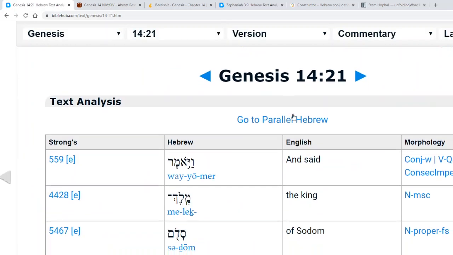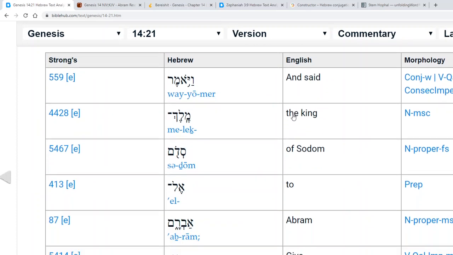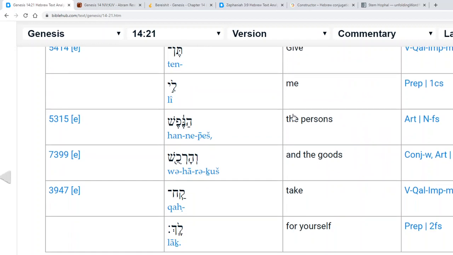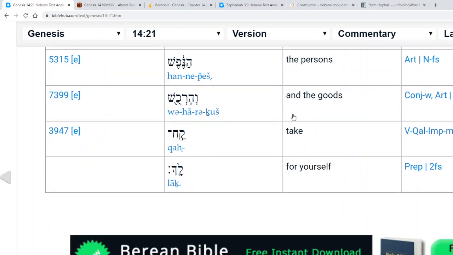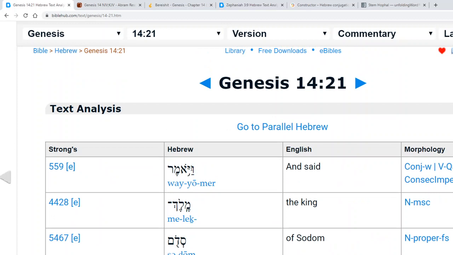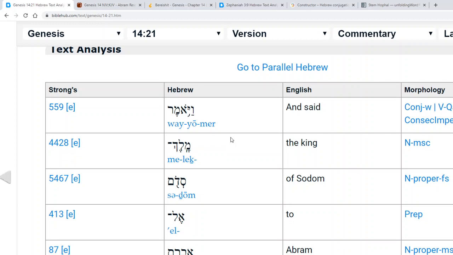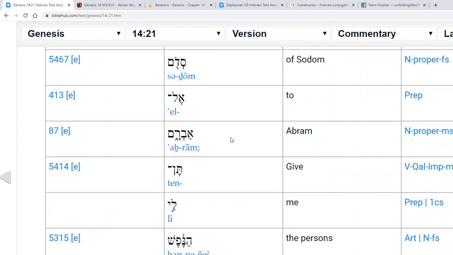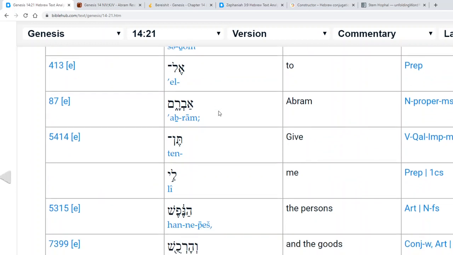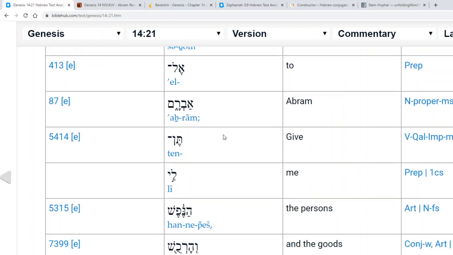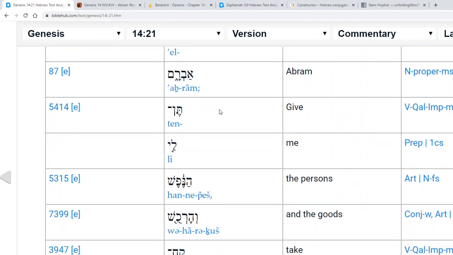Okay. Vayomer melech Sdom el Avram ten li hanefesh vaharechush kach lach. Okay. So conjunctive vav, yomer, right? We've had this many times, and he said melech Sdom, the king of Sdom, el, this is with the aleph, to Abram, right?